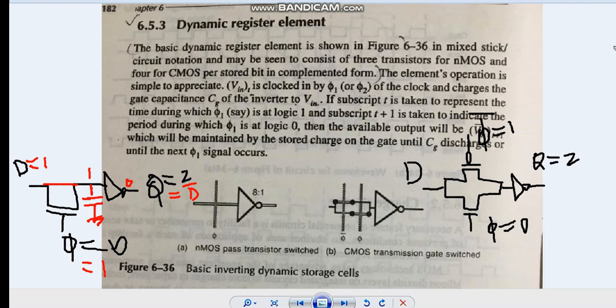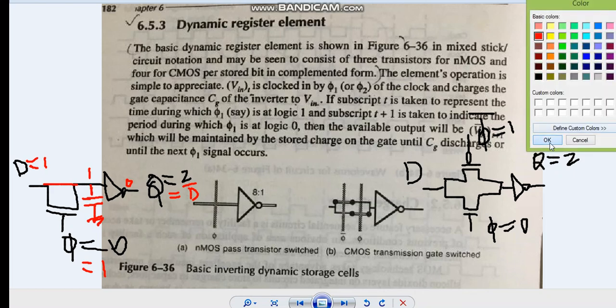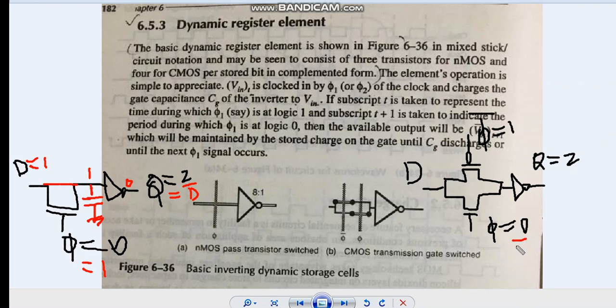So if phi takes a value of 1, definitely phi bar will be 0, the inversion. So what happens? NMOS and PMOS both are in on condition, so whatever the data is across D, this makes a closed path now, hence the data will be transferred across the input here.